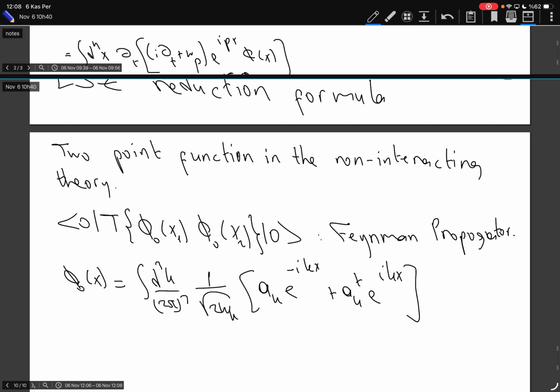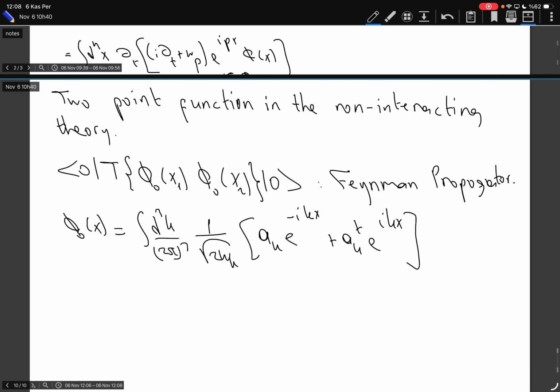This is my field. It's in the Schrodinger picture or the interaction picture, whichever one you want, because since there are no potentials, here the Heisenberg picture and the interaction picture are basically the same. So what I'm trying to calculate is this one.